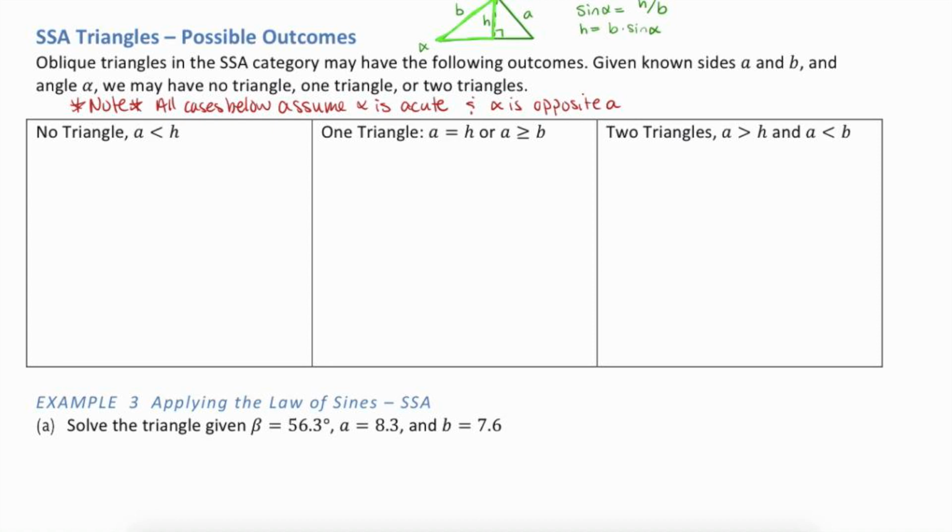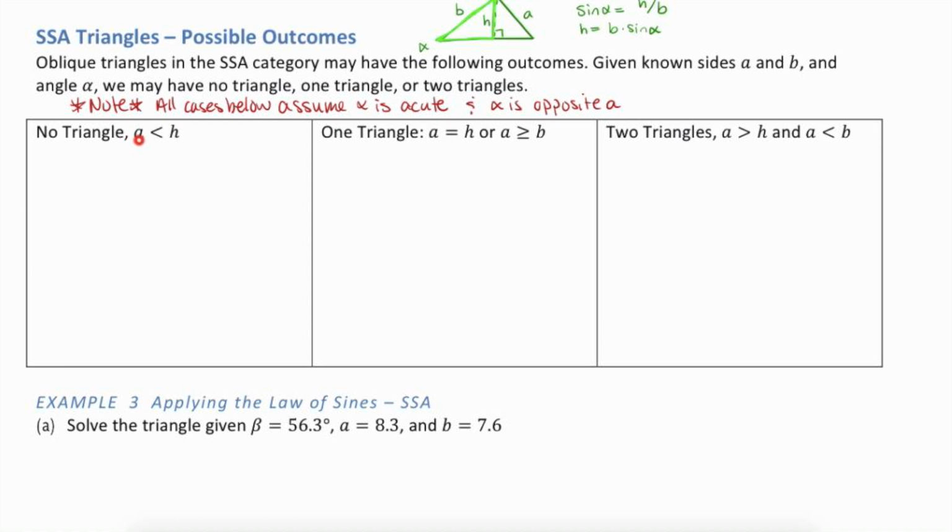For all of these cases, we might be given sides that are labeled a little bit differently. In order to find H, use the side not associated with the angle you're given. So if you're given A, gamma, and C, then you would use A sine gamma. But when in doubt, you can always draw a sketch and figure it out.